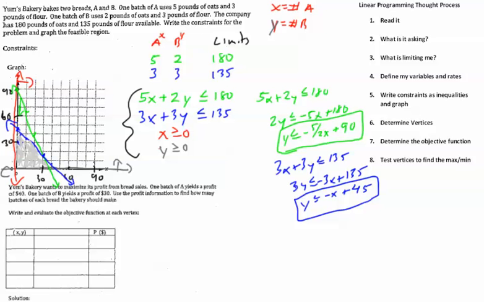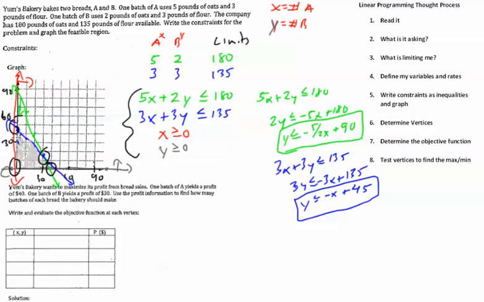Now let's find my vertices. I'm dealing with linear programming here, so I'm going to have an objective function. Let's see where my vertices are then. I got one here, my intercept there, my origin is a vertex, this intersection, and then this intersection as well. Let's identify those.